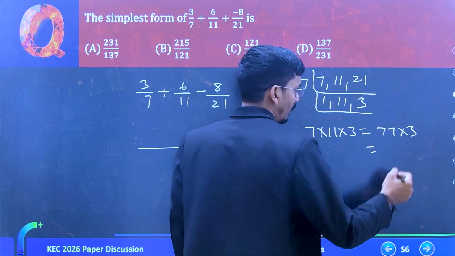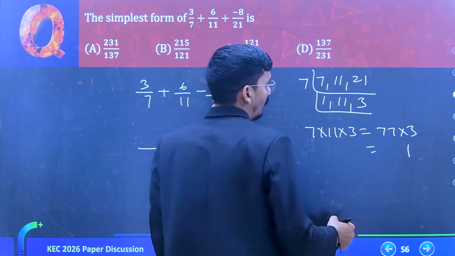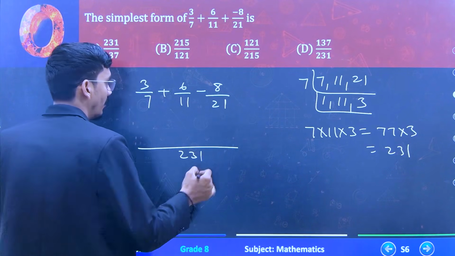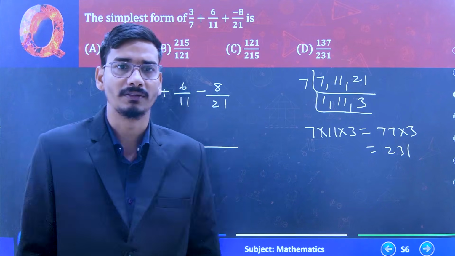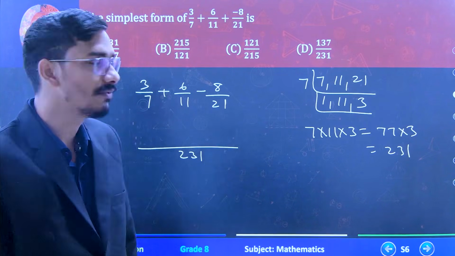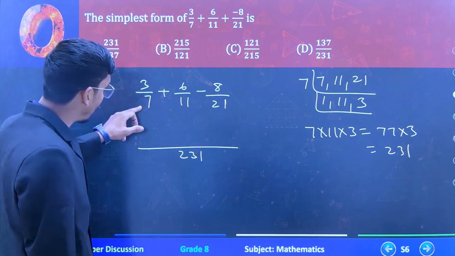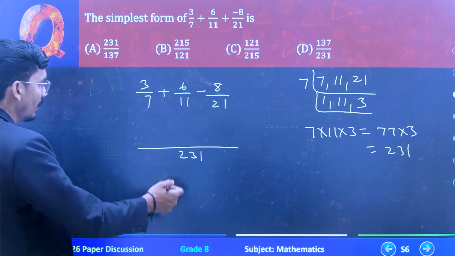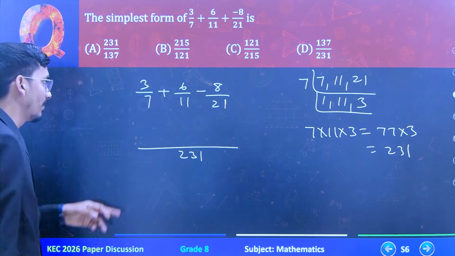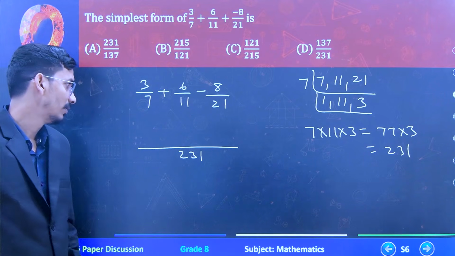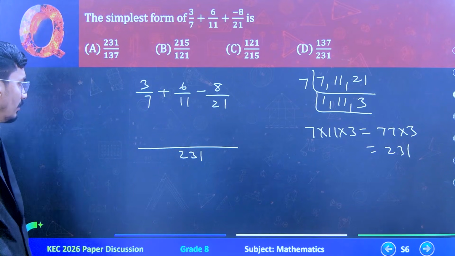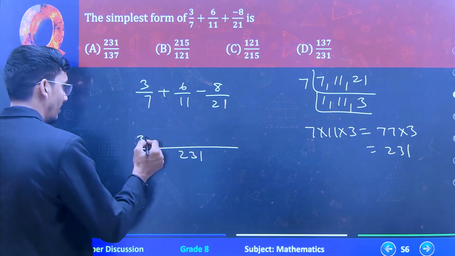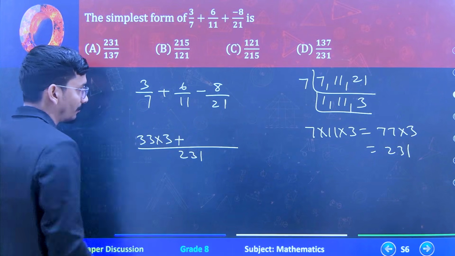We can also write 231. So 231 is the LCM of 7, 11 and 21. Now divide this quantity by 7. If we divide 231 by 7, we get 33. So 33 into 3 plus.